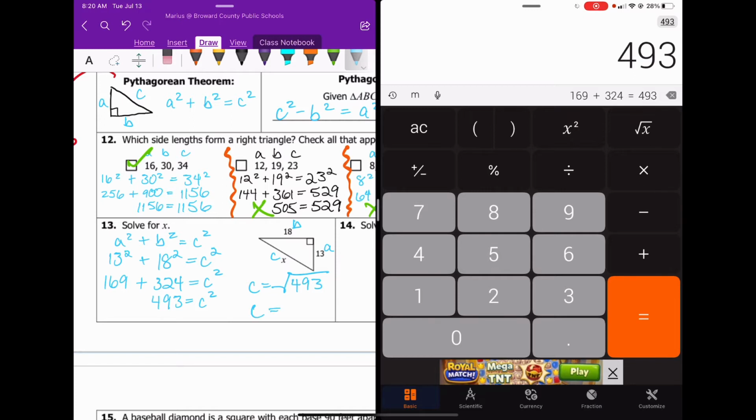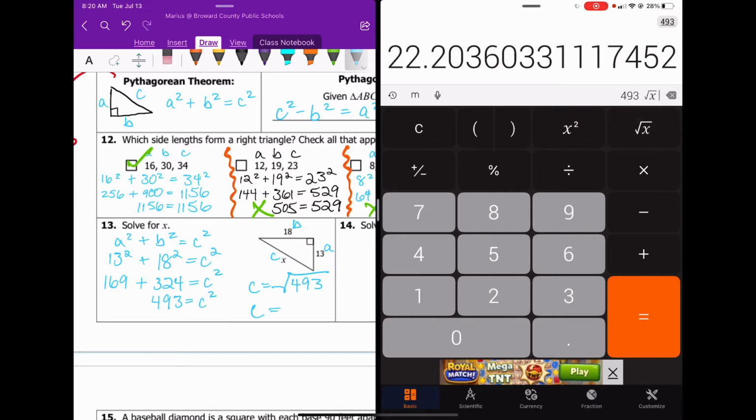So I'm going to take the square root of 493, which is approximately 22.2. So I'm going to use my approximation symbol here, which is this squiggly line, okay? And it's approximately equal to 22.2.